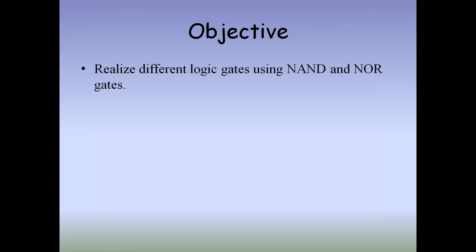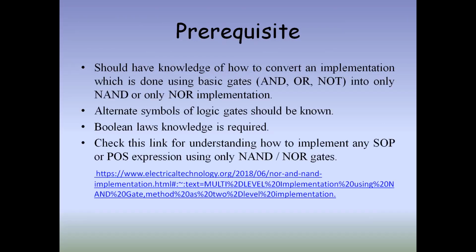Before proceeding to do this experiment, you need to know how to convert any logic gate implementation or any Boolean expression implementation, which is implemented using AND or NOT gates, into one implemented using only NAND or only NOR gates. That procedure should be known to you.